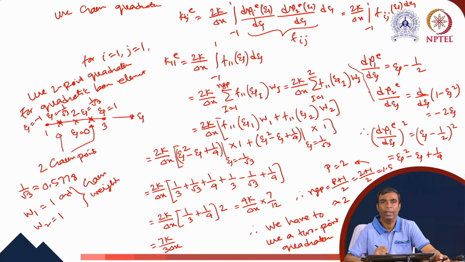So we are getting exactly the same term which we obtained by using exact integration. Similarly, we can find the other terms of the matrix. We can certainly find k12e, k13e, and so on, and the load vector components f1e, f2e, and f3e.